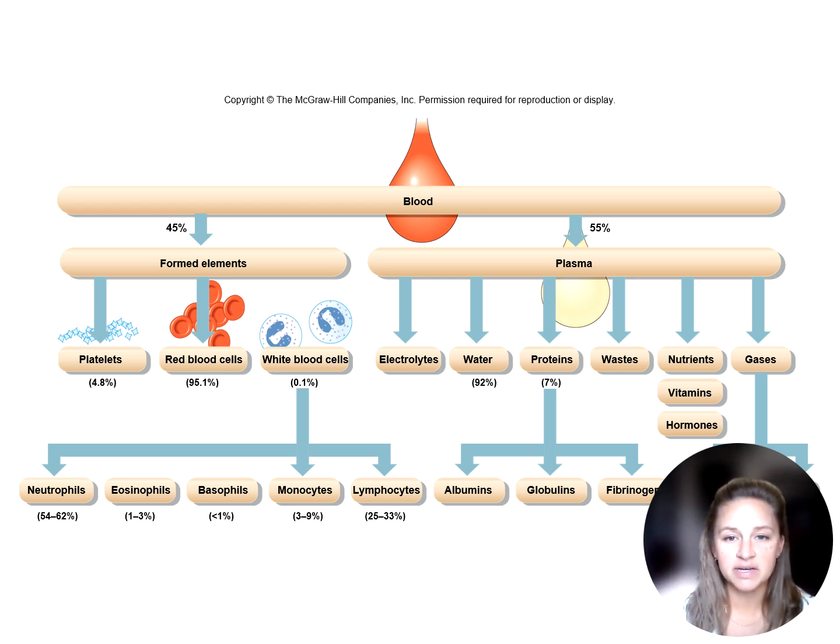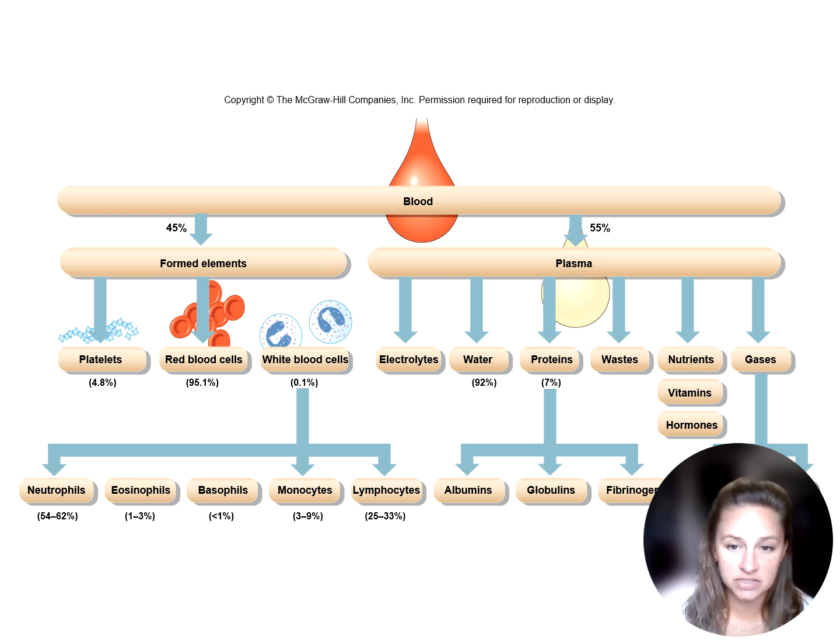In the plasma, while this doesn't contain any of the red blood cells, white blood cells, or platelets, it still has a lot of necessary vital things for survival. So it contains electrolytes, different ions. It's about 92% water, about 7% proteins. There's albumins, globulins, fibrinogens.